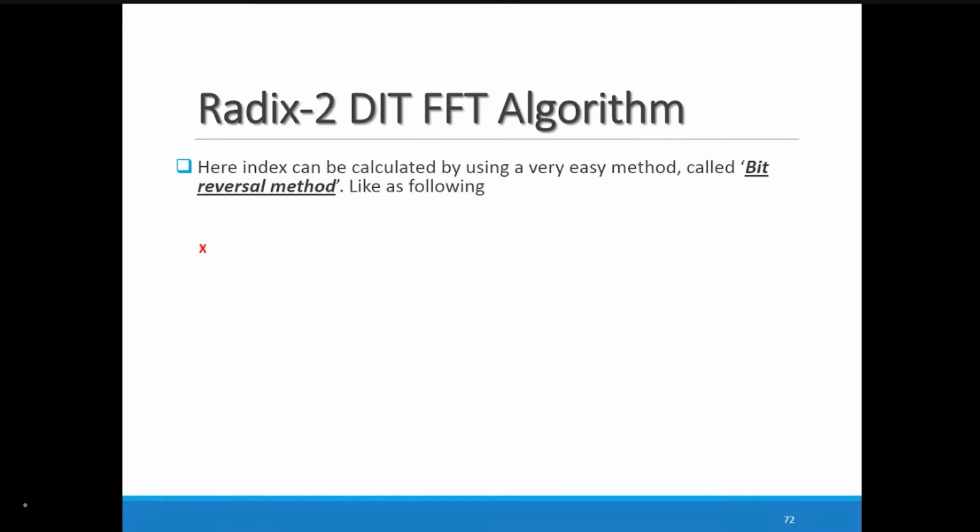Bit reversal is a simple one. If I represent the 3 bits like this x, y, z, in the bit reversal method we can represent this as z, y and x. This is very simple, because here we are having 3 stages, meaning 2 raised to 3, so 3 bits are required for the representation. So I represent with 3 bits x, y, z. For the bit reversal you need to reverse the order to z, y, x.